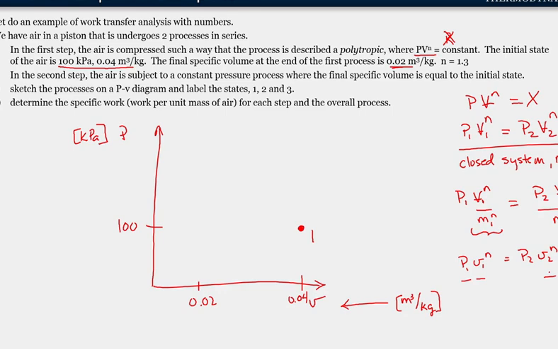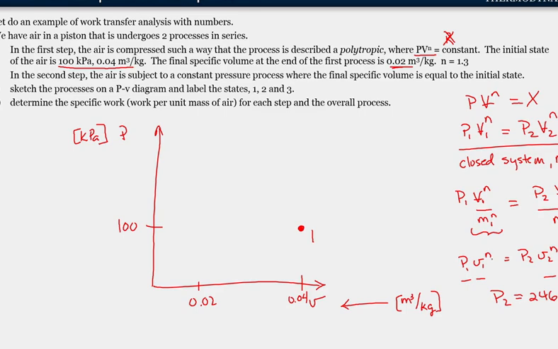Plug and chug through this problem, and you can determine the pressure at the end state of the process from 1 to 2. If you plug in the numbers, that pressure will be 246 kilopascals.